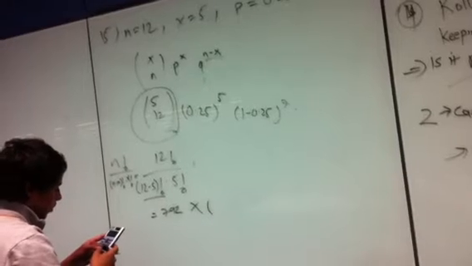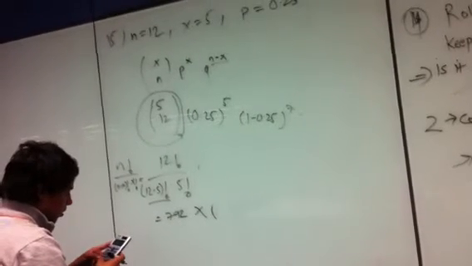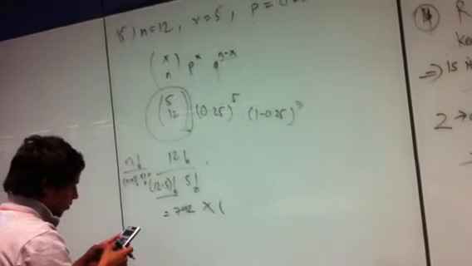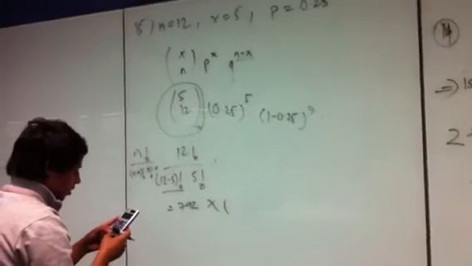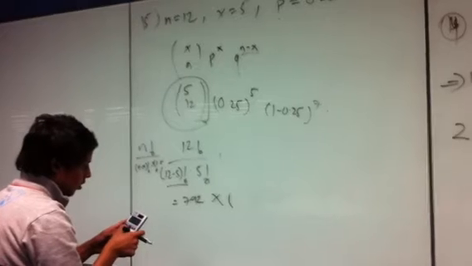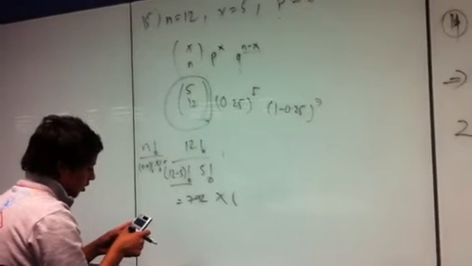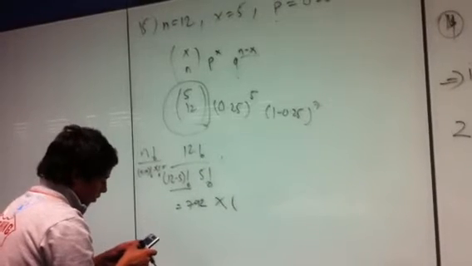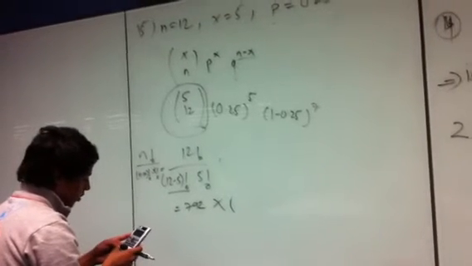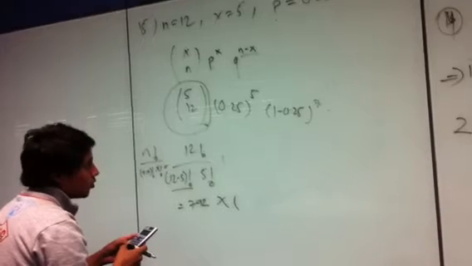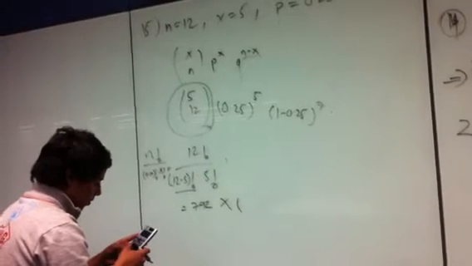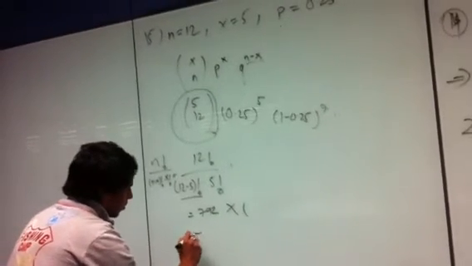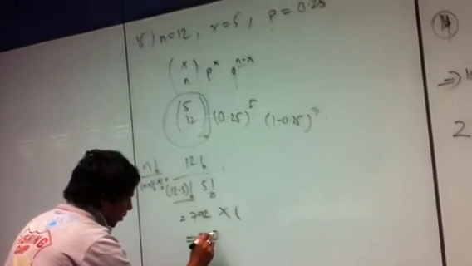So 792 times 0.25 to the power 5 times 0.75 to the power 7. This is equal to 0.1032.